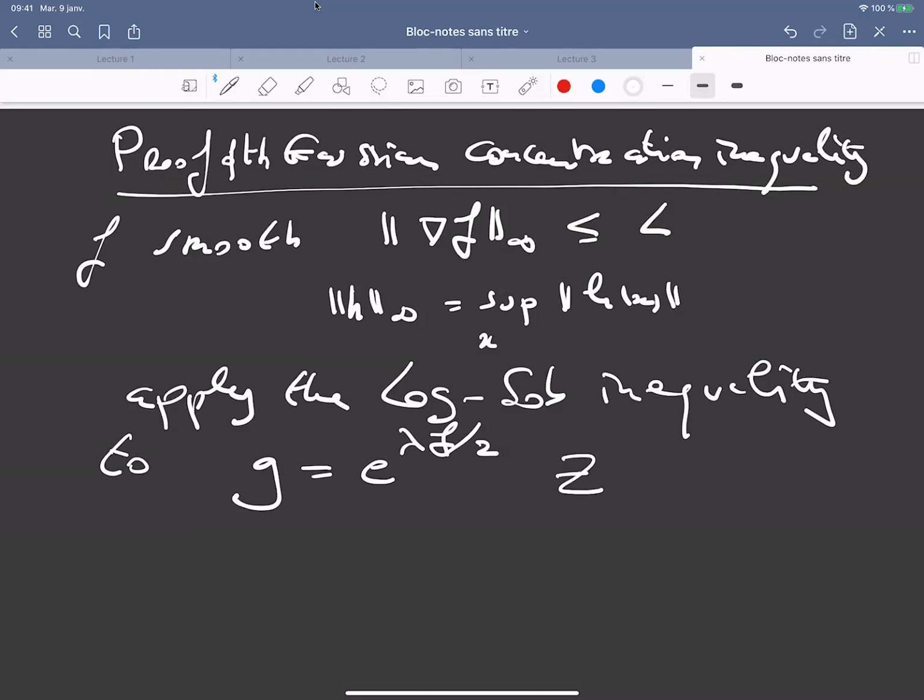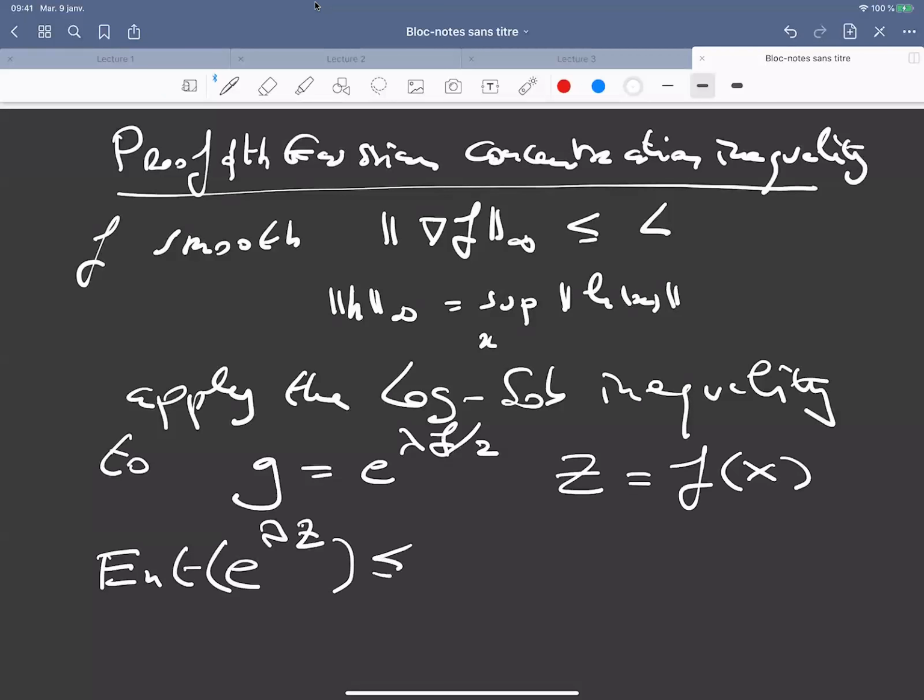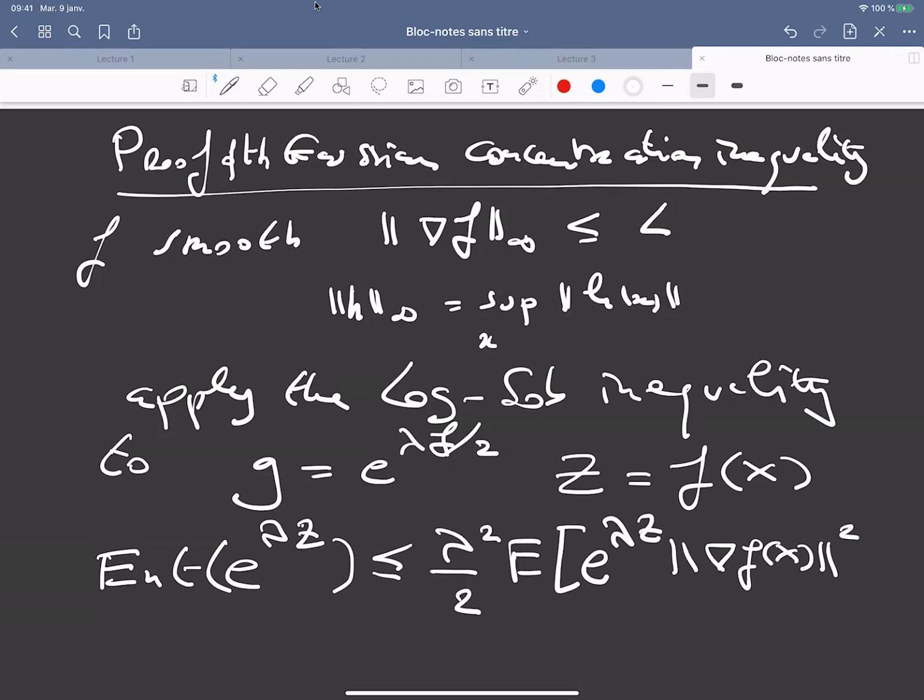And then if you do that, and if you define Z as F of capital X, then you get that the entropy of exponential of lambda Z is less than L square over 2 expectation of exponential lambda Z times the norm square of the gradient of the function F of X. But of course, this is uniformly bounded by L square.